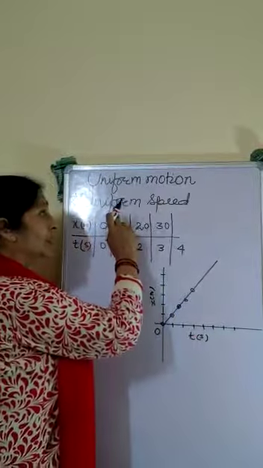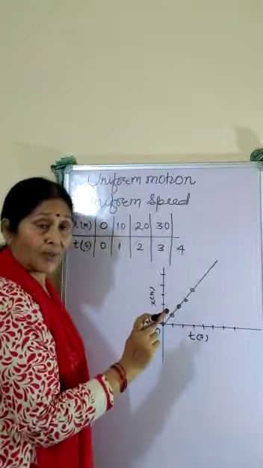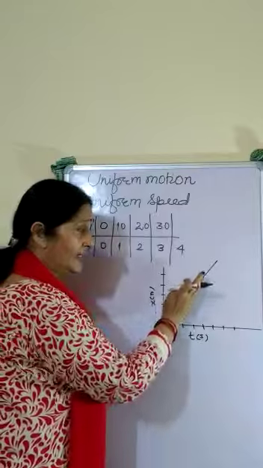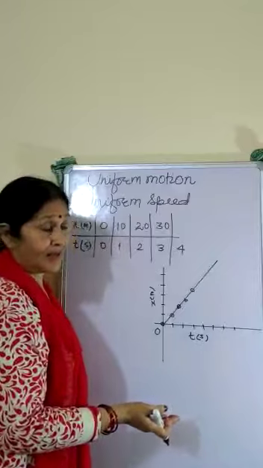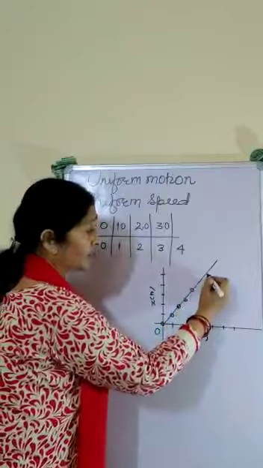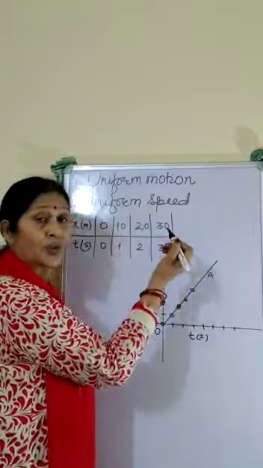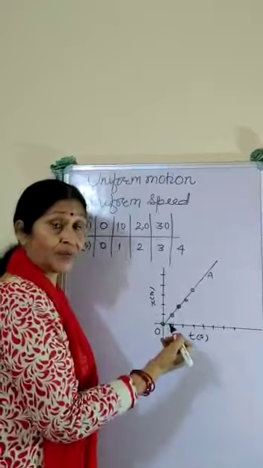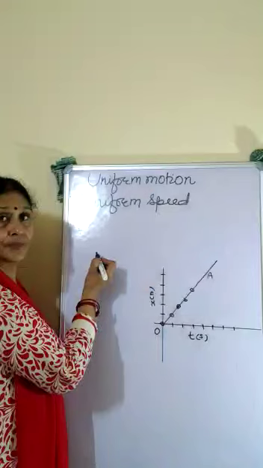When a body is moving with uniform speed, the graph plotted between distance travelled and time will be a straight line inclined to the time axis. The second thing is, from the slope of this line, suppose this is O and we put here A, we can find out the speed of the body. How you will get this information from the graph, we will see just after writing the point.